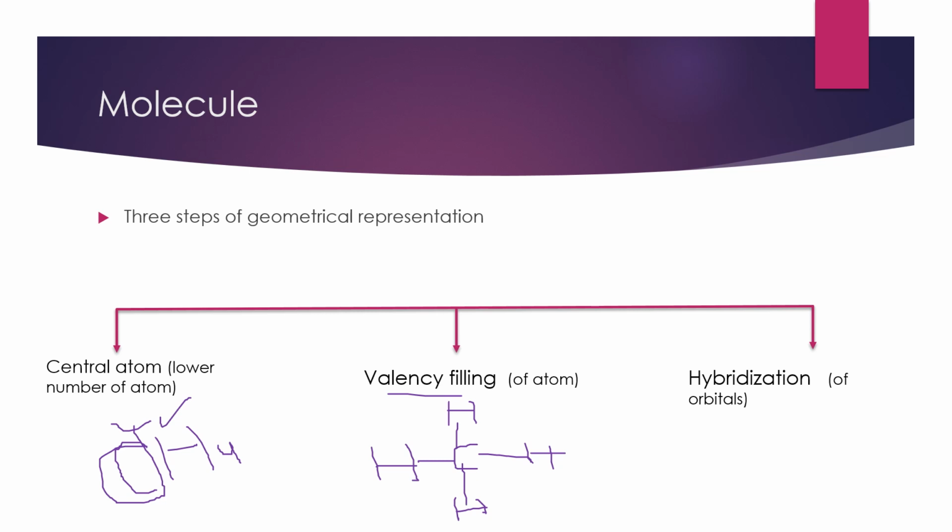In the third part, hybridization. In this hybridization, we will include the axes. We will combine in which axis which electron would be. After that, we will be able to make a complete shape of it. Just suppose that in CH4, the complete representation would be something like this.